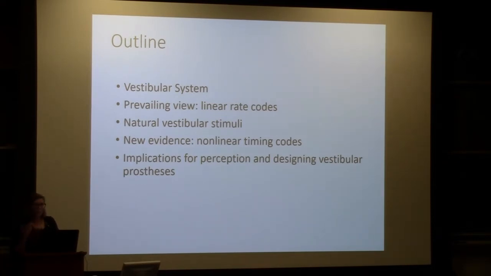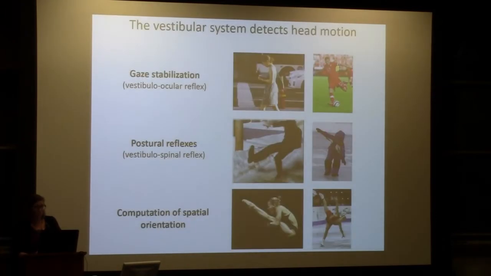What are we normally exposed to in our everyday lives? And then new evidence for nonlinear codes, including spike timing, and then the implications of this for designing things such as a vestibular prosthetic, which is a sort of a new innovation that people are currently working on actually at Johns Hopkins.